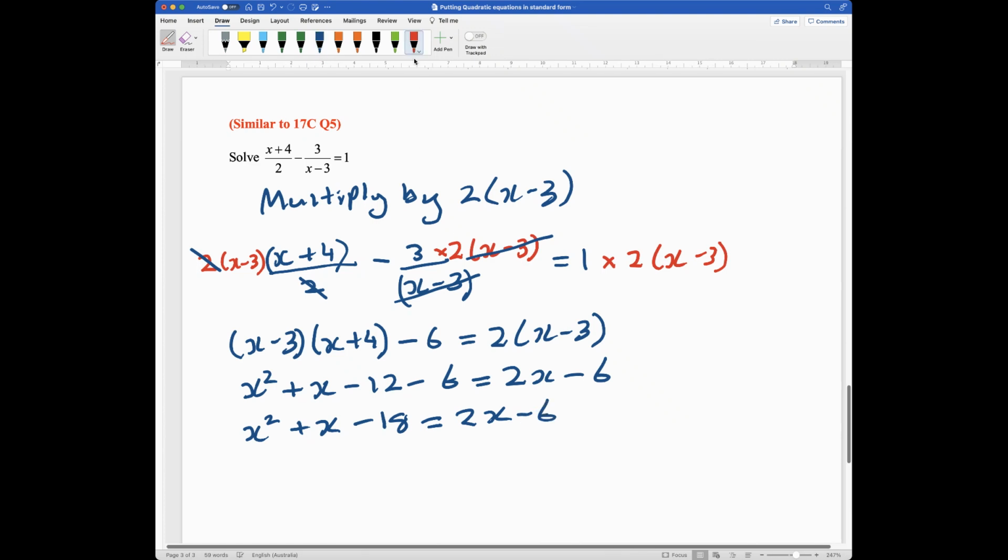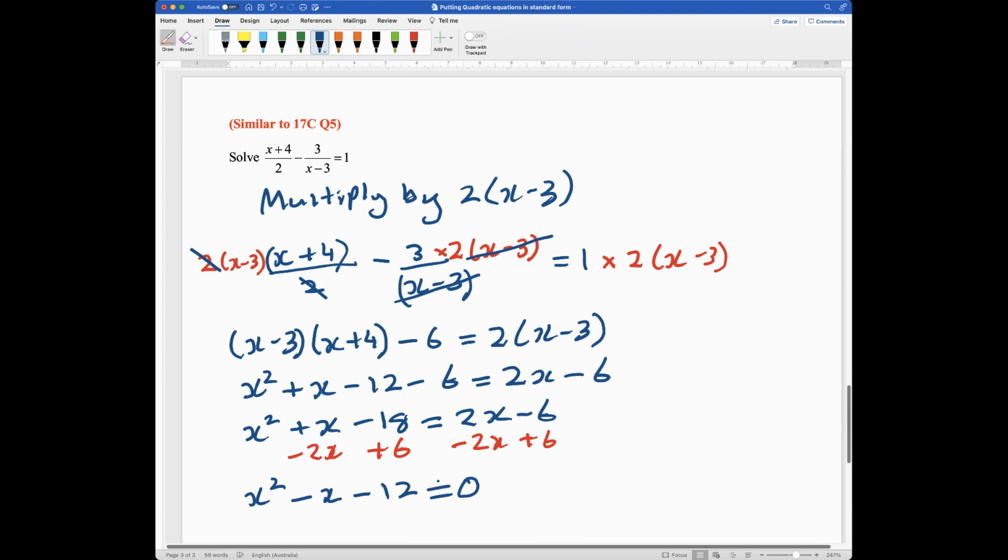You want to make one side 0. So we're going to add 6, subtract 2x, subtract 2x. Okay, so it's going to give us x squared minus x minus 12 is equal to 0.